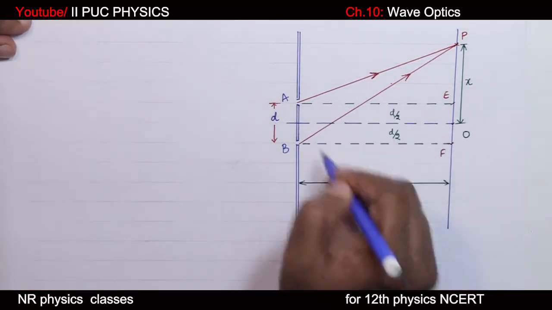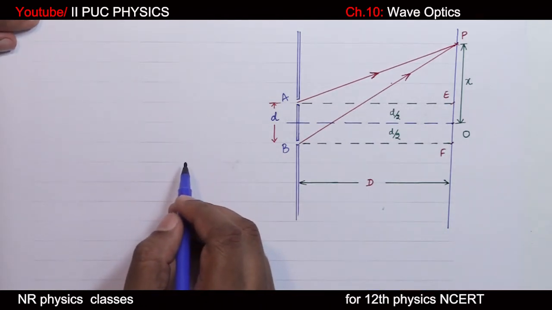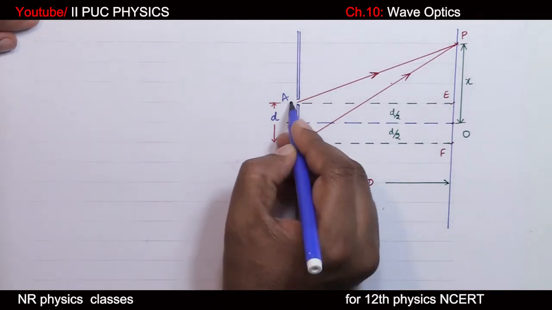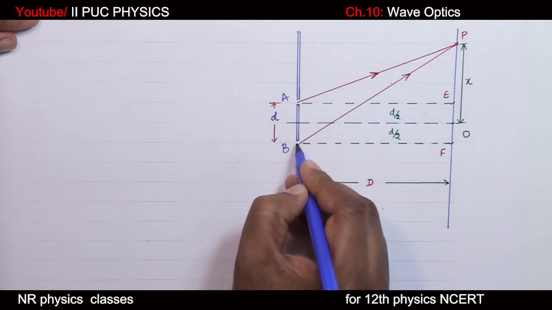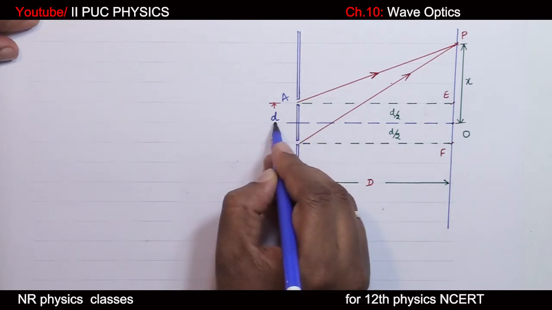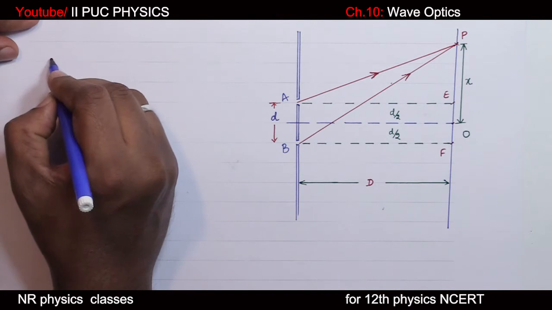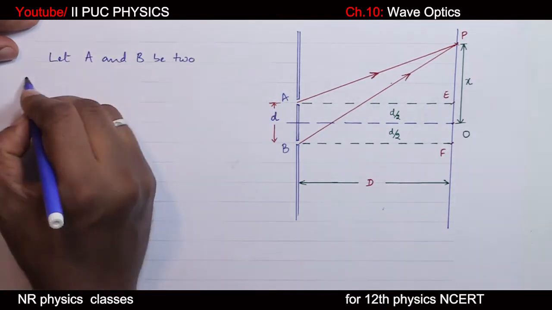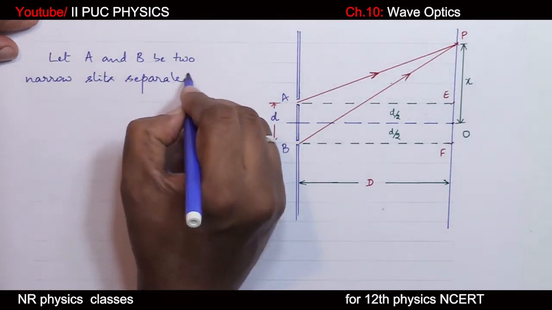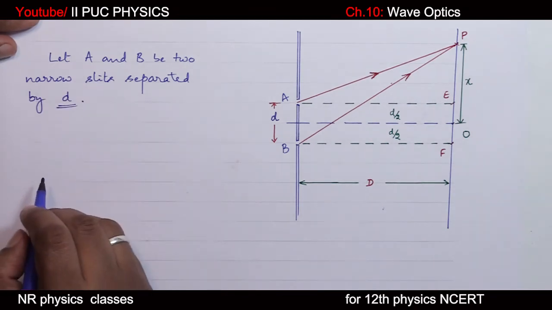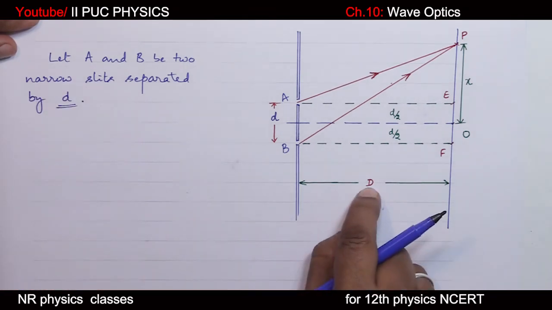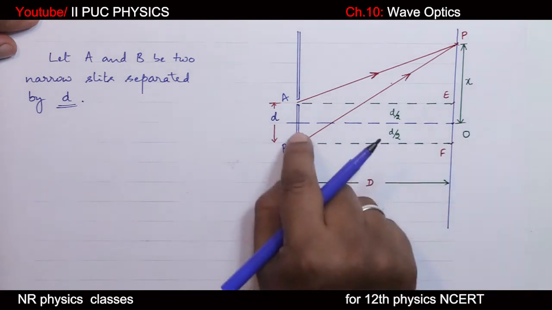Now let us write a few statements. Let A and B be two narrow slits separated by a small distance d. Let D be the distance of the screen from the slits.